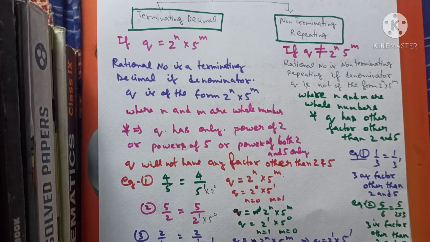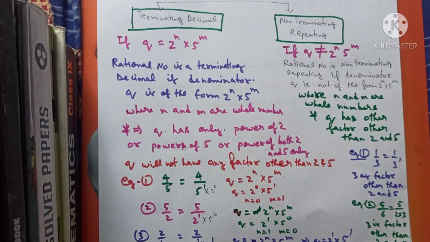If we have 5 as the factor in the denominator and any other factor other than 5 and 2, then also it is non-terminating repeating. If it has neither 2 nor 5 as a factor, but has any other factor, then also it is non-terminating repeating.